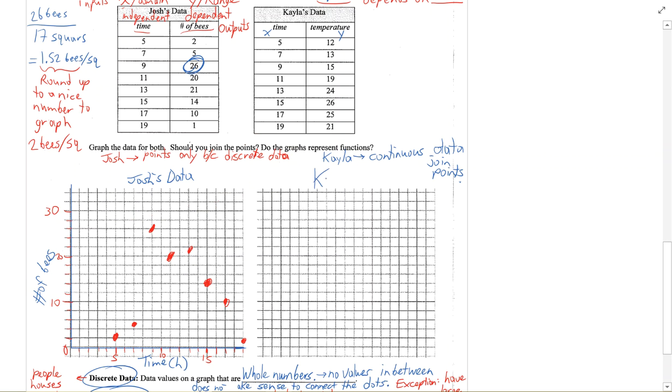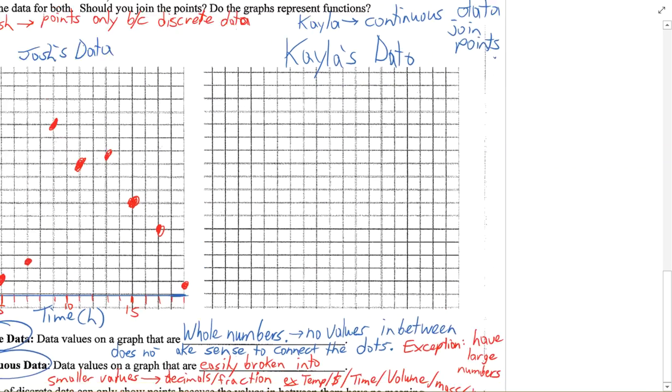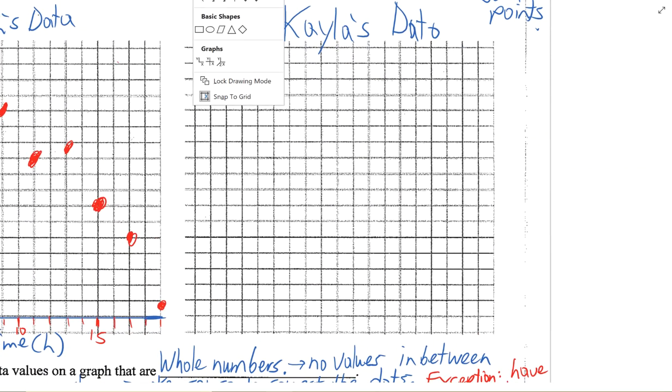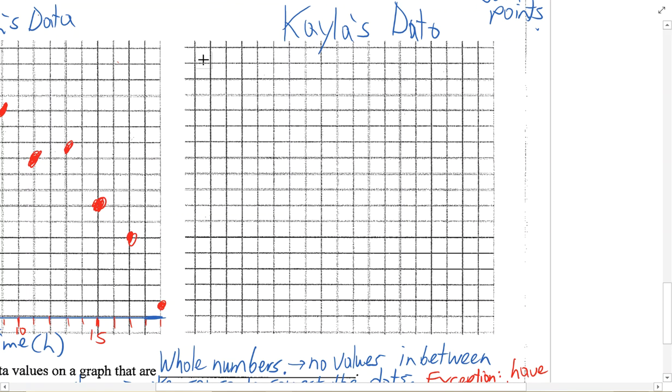Okay. So for Kayla, I don't like my title, but I'm just going to go with it. Kayla's data, let's go make our grid on here. I'll make this bigger to make it easier for me. Always put your grid lines on. Sometimes they're given to you, sometimes they're not.